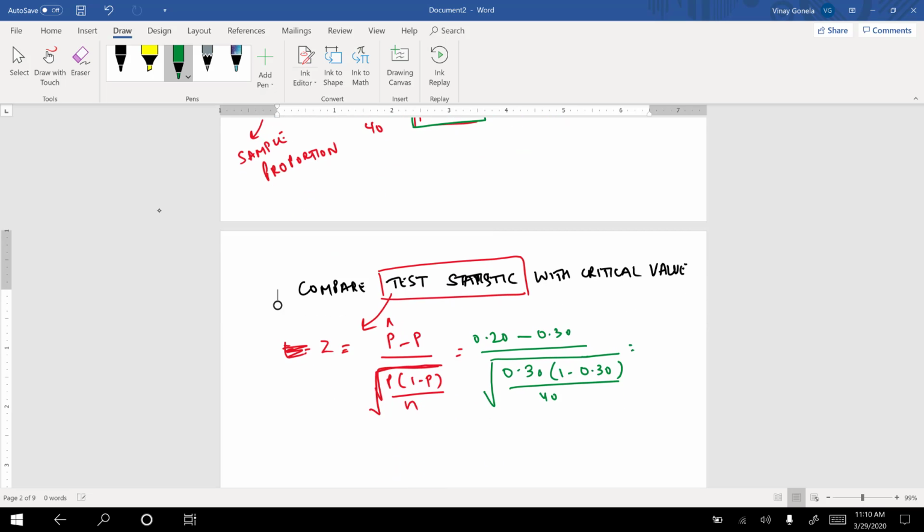So this is going to be minus 1.38. Again, this Z test statistic will be the same for one tail as well as two tail problems.